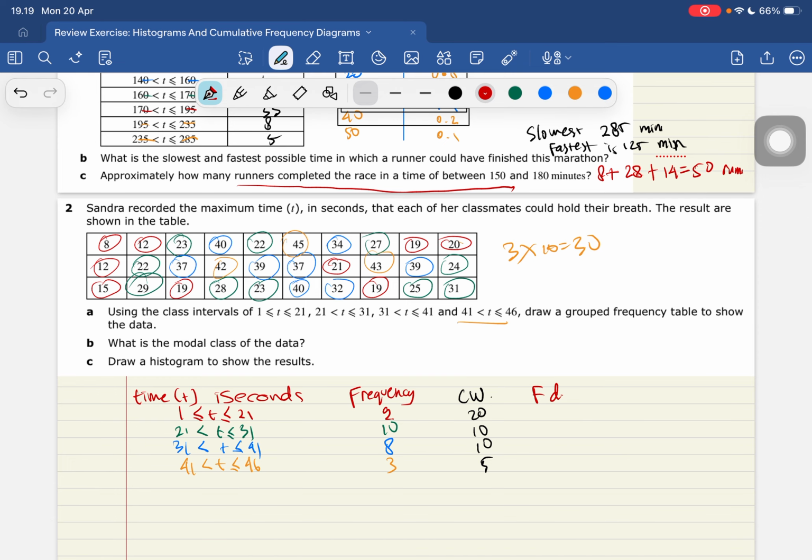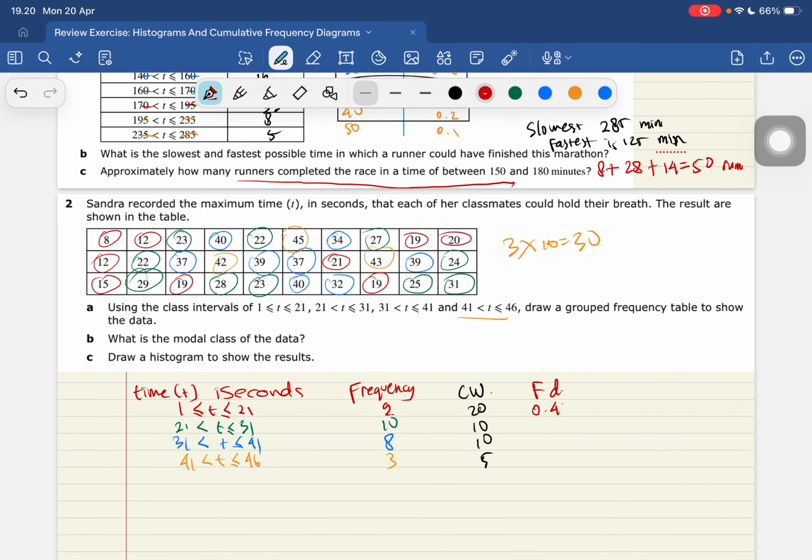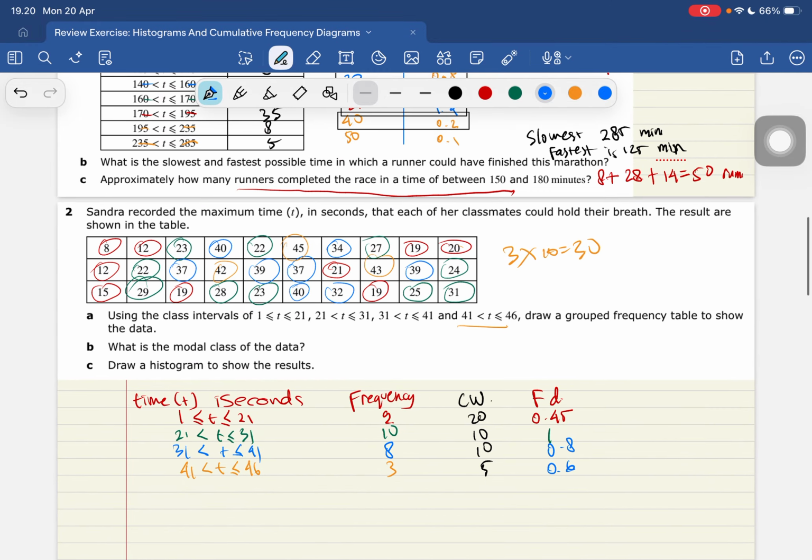First, 9 divided by 20 is 0.45. Next, 10 divided by 10 equals 1. Then 8 divided by 10 is 0.8. And 3 divided by 5 is 0.6. Okay, we got it.